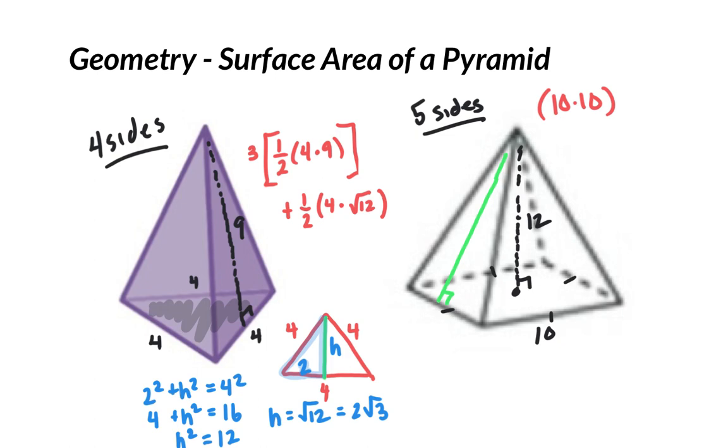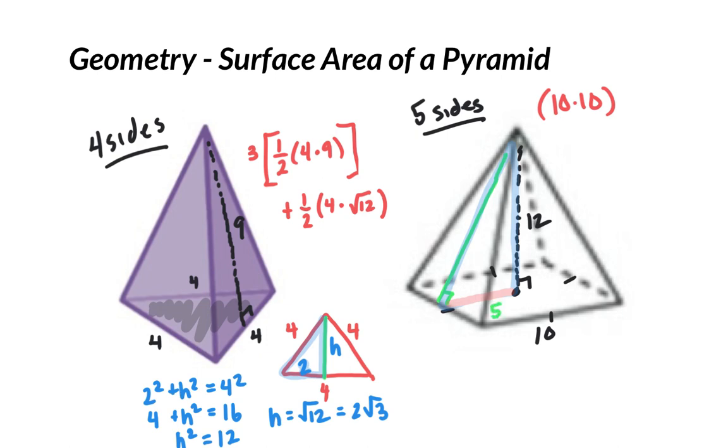But I have created inside here a right triangle. If I can use my drawing here, it goes like this. So imagine a 3D kind of cut through there. But I have a right triangle that I could use to figure out the height of those side triangles. So if the whole base is 10, this part just right here would be 5, just half of that.